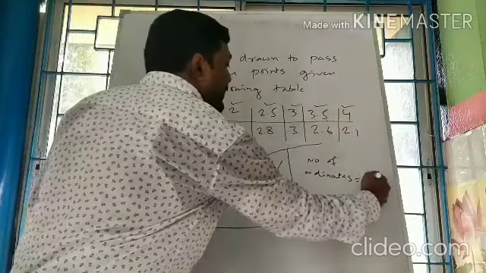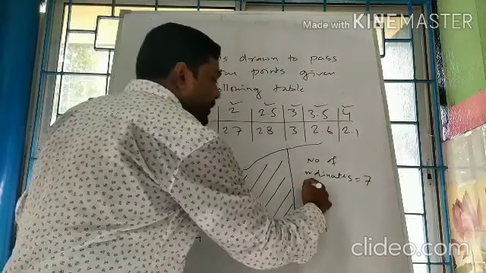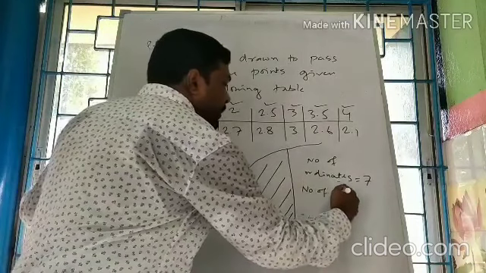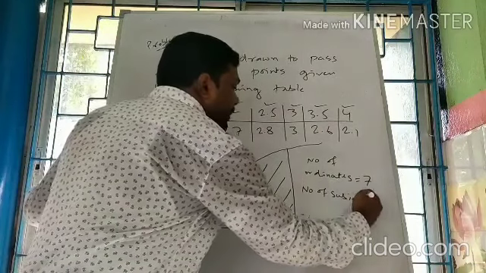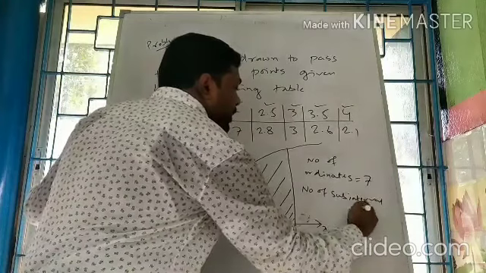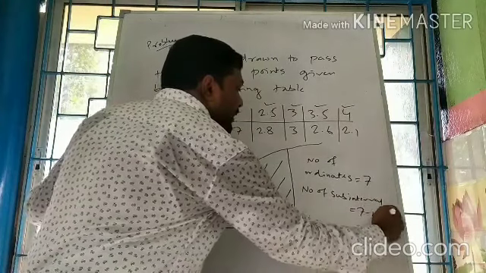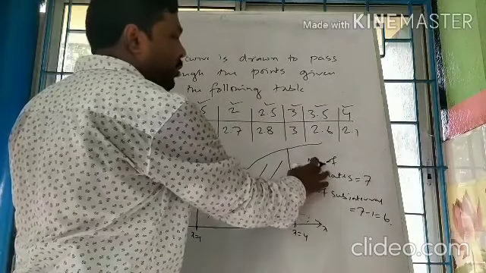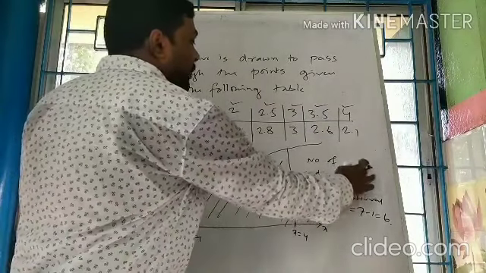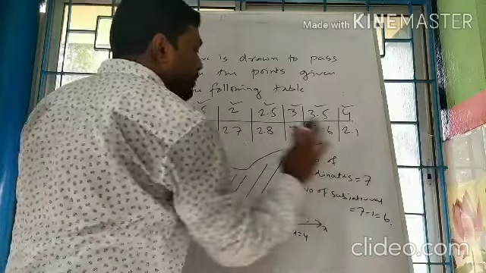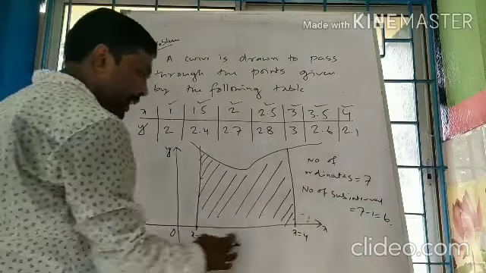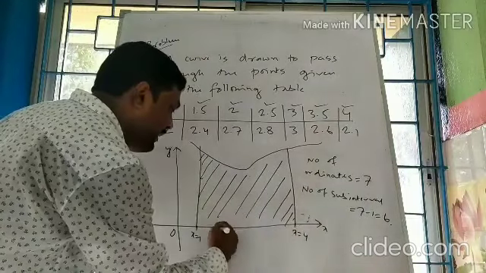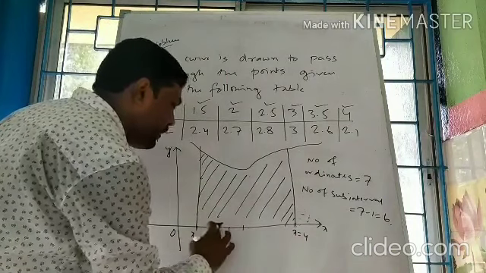Number of ordinates is 7. So the number of subintervals is 7 minus 1, that is 6, because if the number of subintervals is n, the number of ordinates is n plus 1. So from 1 to 4 we divide this interval into 6 equal subintervals.